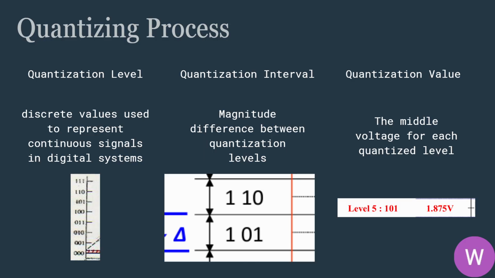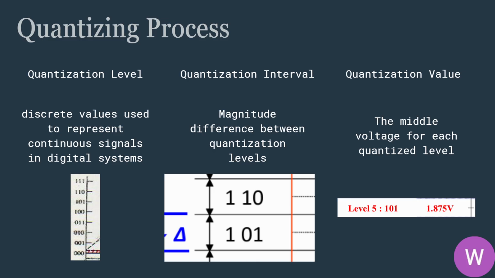The quantization interval is the magnitude between two levels, let's say between 110 and 101. How much is the magnitude between them? And the middle voltage for each quantized level is the quantization value.